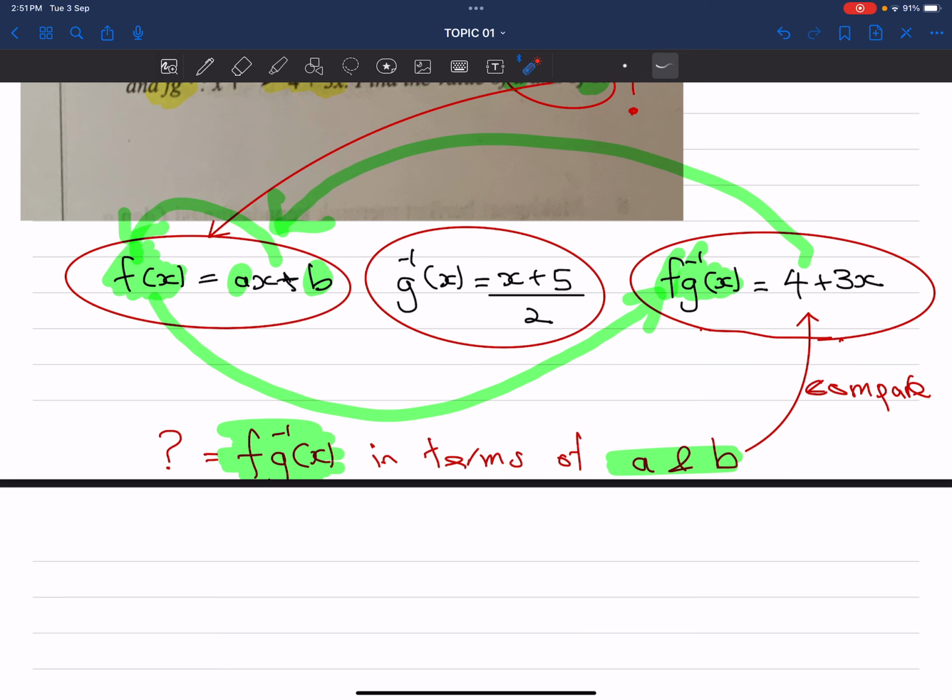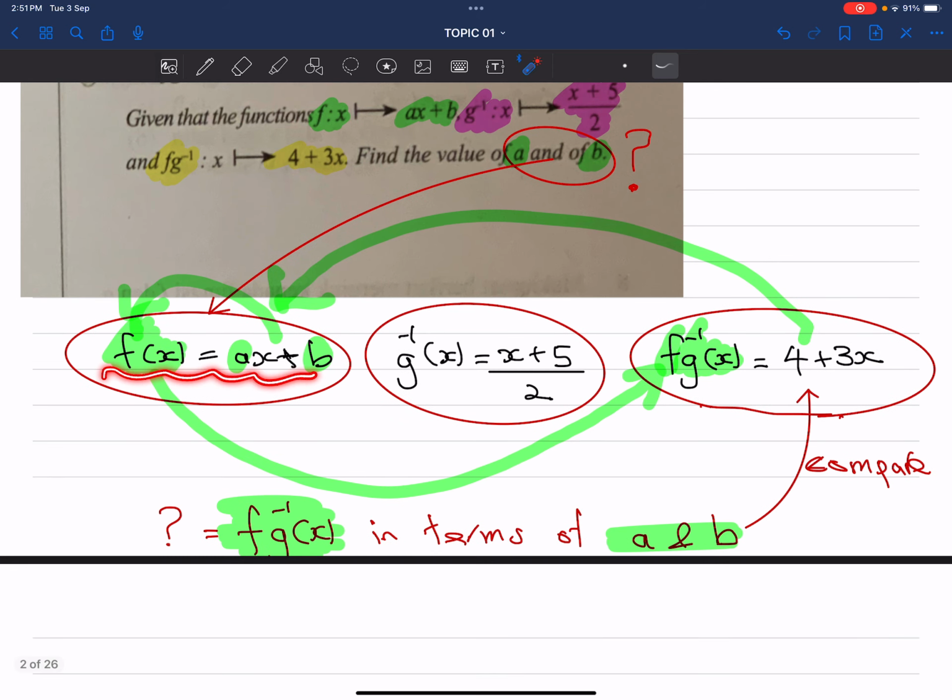Again, we were given f(x), g inverse, and the composite fg inverse. As usual, we start from what they ask, a and b. I go to f, but this fg inverse is not in a and b. That is why I reverse back to the a and b inside f(x).